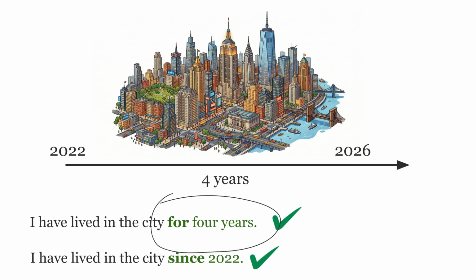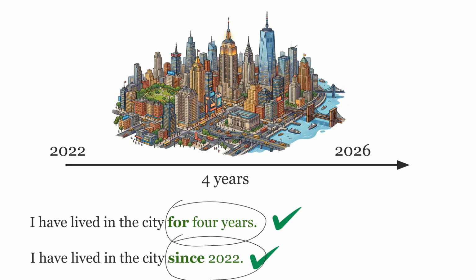The first sentence, for 4 years, is telling you the length, the duration, how much time has passed. The second sentence, since 2022, is telling you the starting point, the moment when it began.